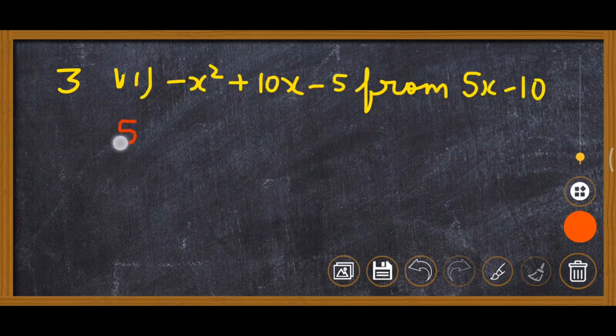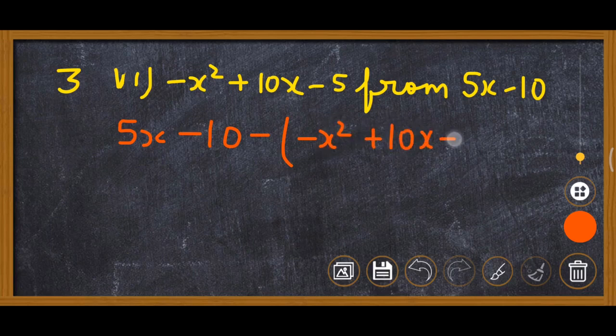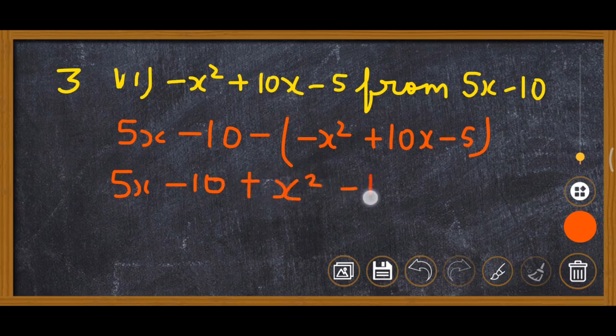Now we have to subtract 5x minus 10 and minus, now we have to take a bracket, minus x square plus 10x minus 5. Now this is 5x minus 10 minus minus plus x square minus 10x and plus 5, because the negative sign will change the signs of the variables.